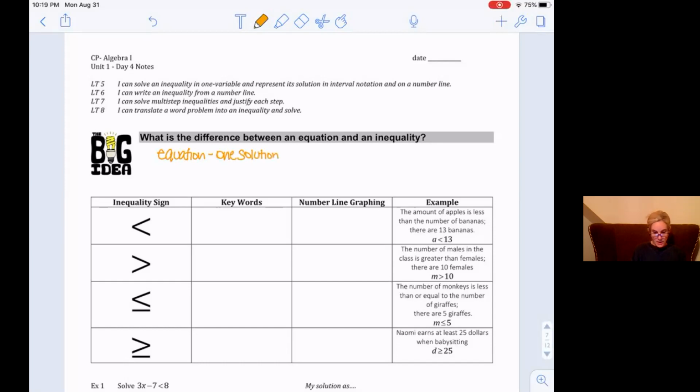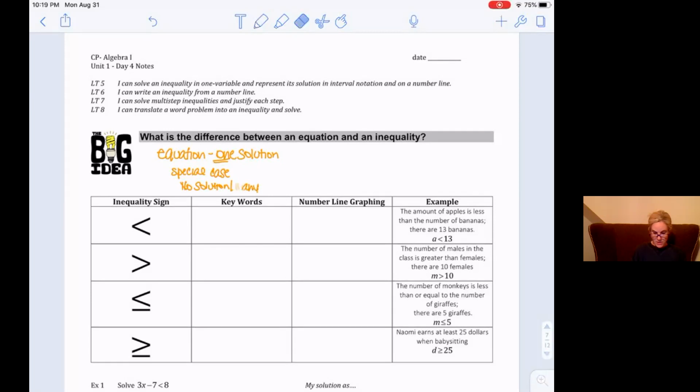I said normally on this one because there are special cases where we can have no solution or many solutions. We know it as all real numbers. Also, when we see an equation, we see an equal sign with that.